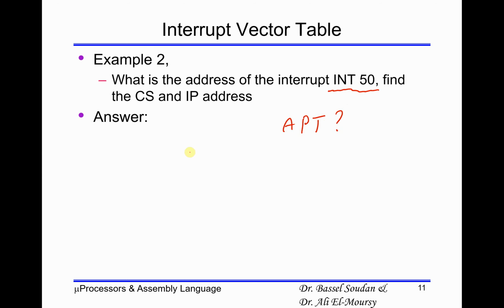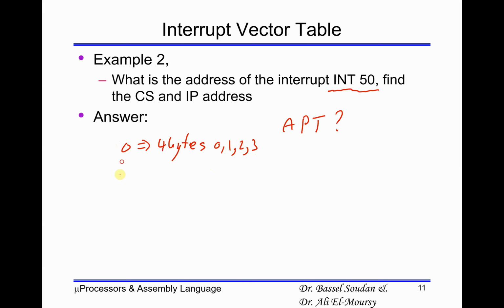For interrupt 50, previous to this I have 50 different addresses. Interrupt number 0 takes 4 bytes, with the addresses 0, 1, 2 and 3.